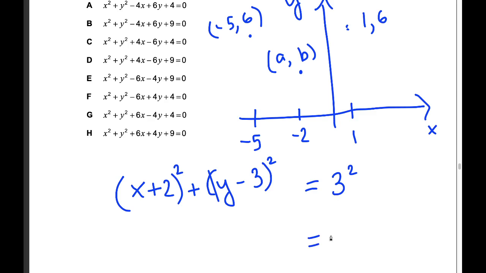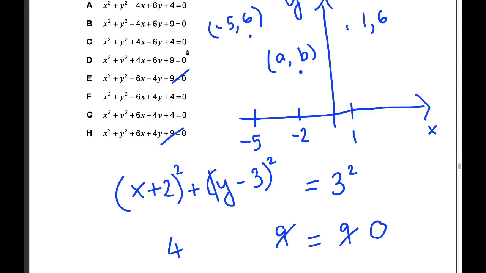So when I work this out, I'm going to get a 9 here from the y expansion, since the minus 3 squared will give me a 9, and there's a 9 on the other side. I'm also going to get a 4 from the expansion of the x squared, because there's going to be a 2 squared coming from that bracket. So I can cancel the 9 with the 9 on the other side and just get a 0. So I'm looking for one that has a plus 4. That's the first thing I can work out.